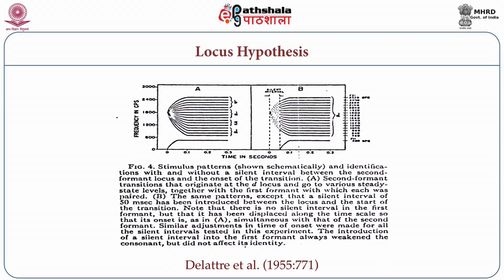You can imagine a locus for a certain type of consonant along the frequency scale, and that varies for different consonants. This diagram shows that the F1 is constant for all of them, and F2 varies from something very close to the F1, and the others as you move the formants higher and higher.